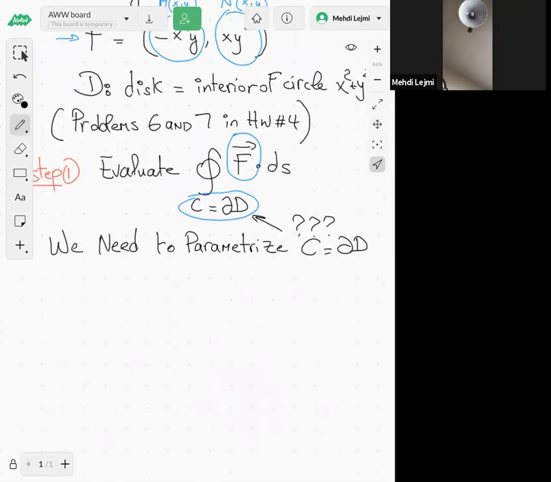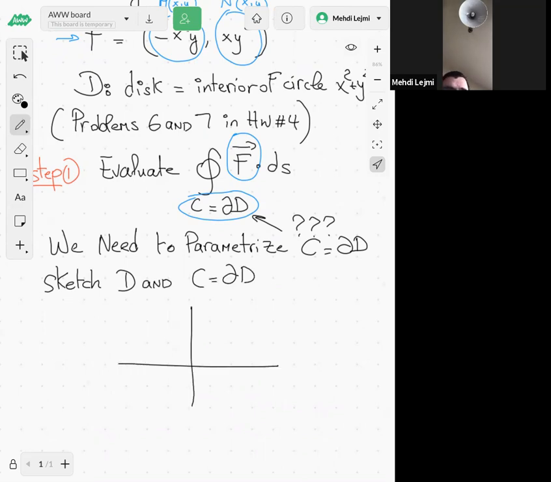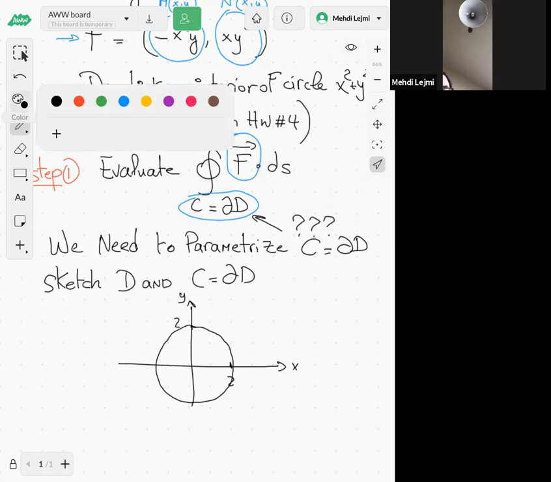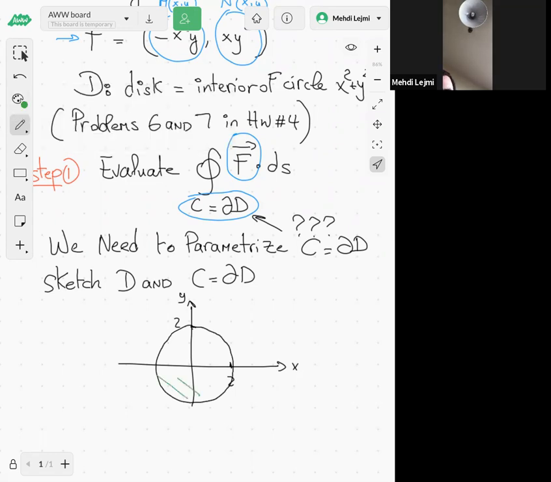Let's first sketch D and the boundary of D. D is just the disk, the interior of the circle x squared plus y squared equals 4. So this is 2 here, this is 2, this is x, this is y. This is our disk D, the interior of this circle.